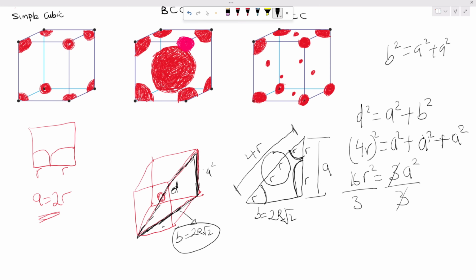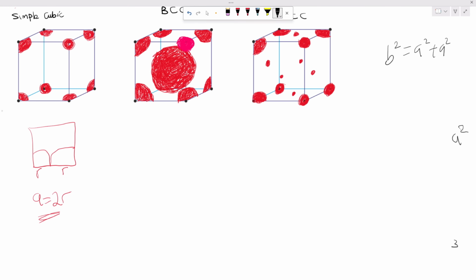So we have our A is equal to root of 16R square over 3, which reduces down to 4R over root 3. So finally we found our D, which is equal to 4R over root 3.